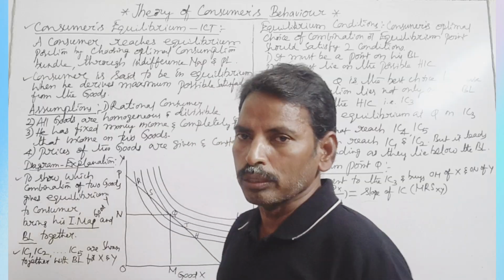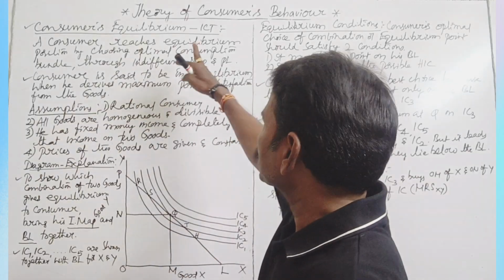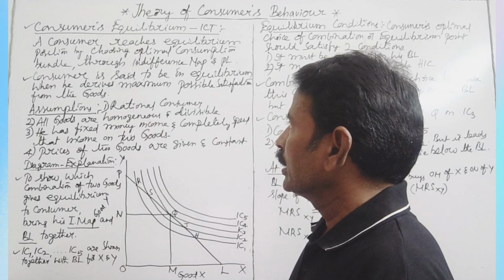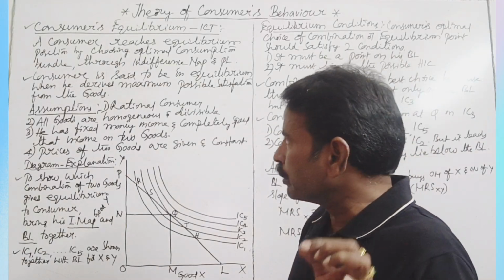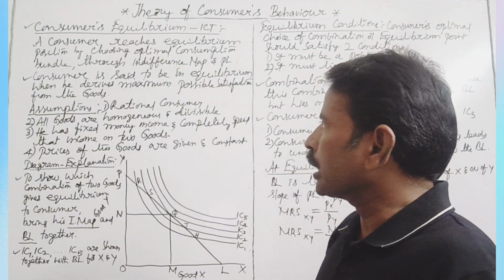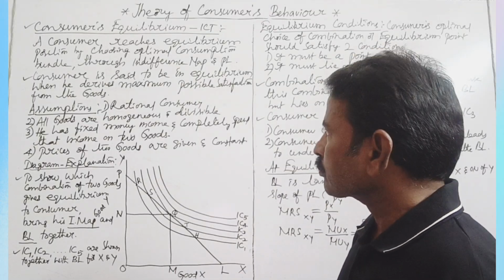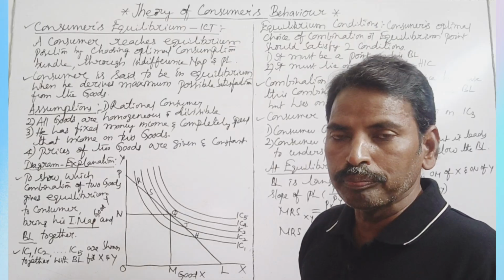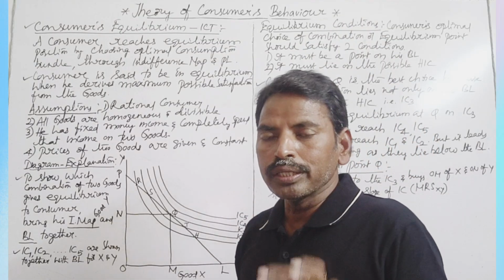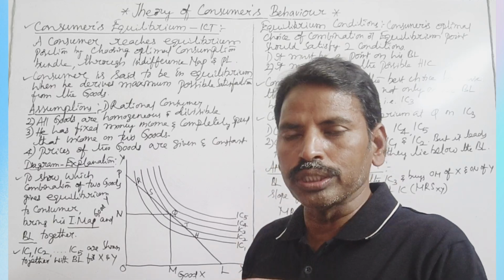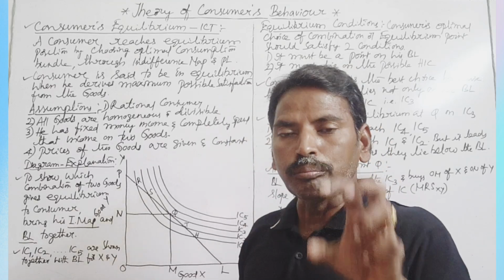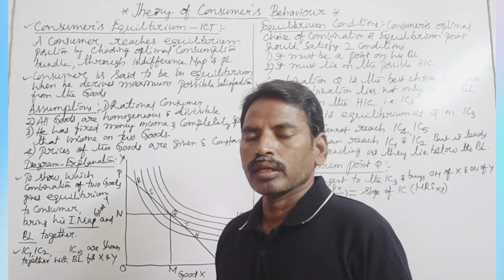What happens when the consumer is in equilibrium? So, now let us examine first consumer's equilibrium using indifference curve technique. A consumer reaches equilibrium position by choosing optimal consumption bundle through indifference map and budget line. To explain the consumer's equilibrium using indifference curve, we need indifference map and budget line.